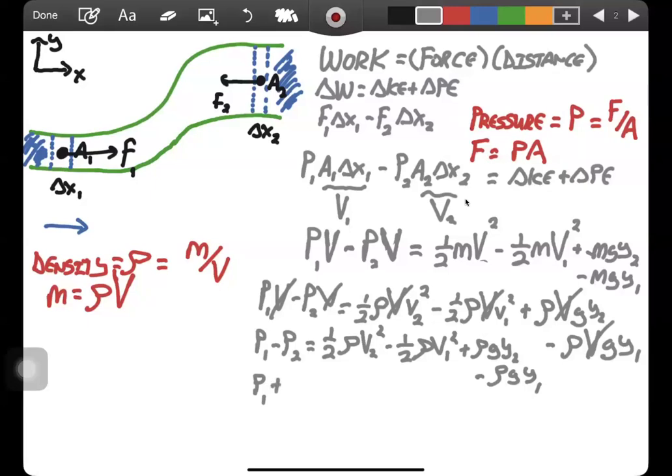So that's going to be plus 1/2 rho V1 squared. And then I'm also going to bring the term that has Y1, because that's the height of the fluid we're tracking on the left side, plus rho G Y1.